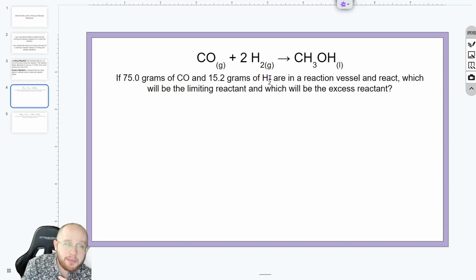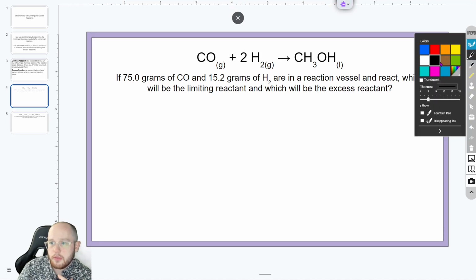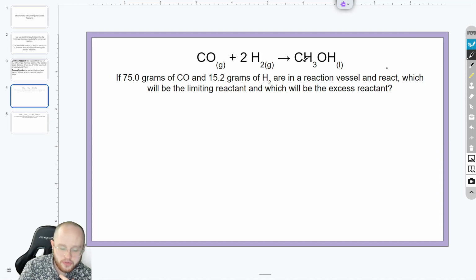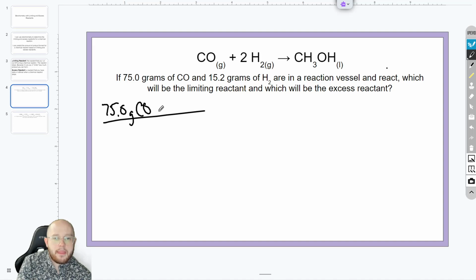So again, I have 75.0 grams of carbon monoxide, and I'm going to figure out how much methanol can be formed. I'm going to say it is going to react.